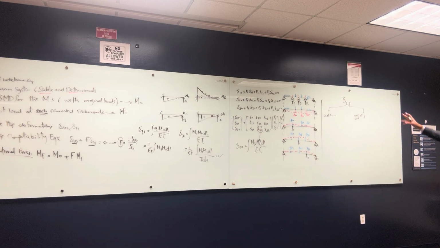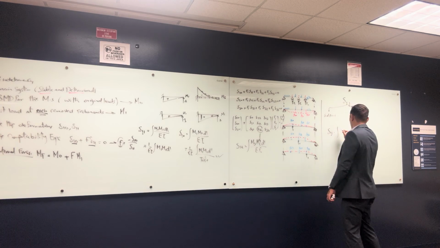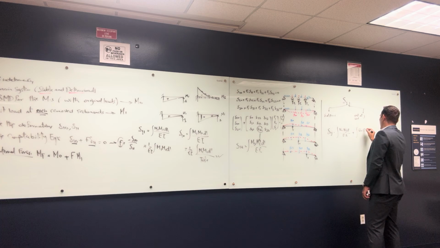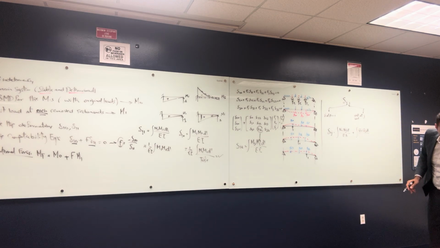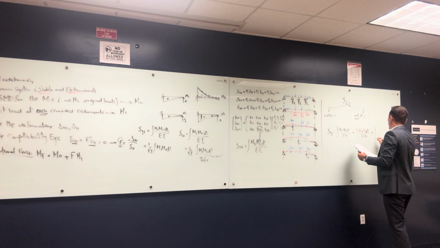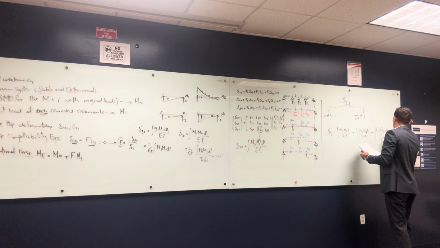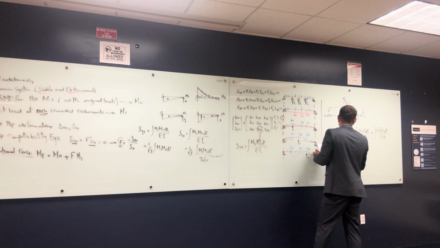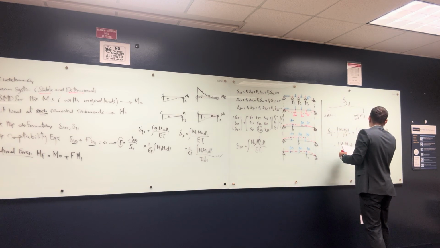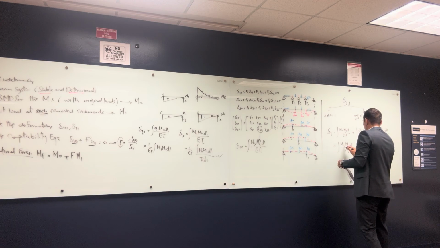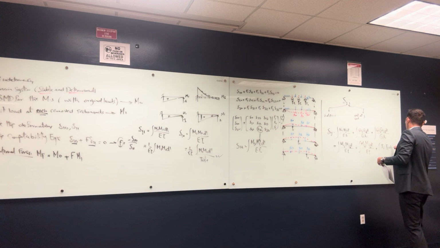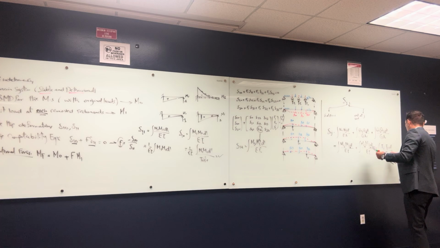But let me tell you something. The general rule of delta ij is something like this. Delta ij is equal to the integration of Ni, Nj, dL over EA, plus the integration of Qi, Qj, dL over GA, and this is x and this is y, plus the integration of Mi, Mj, dL over EI, this is x, and this is y, and the integration of the torsion Ti, Tj, dL over GJ.